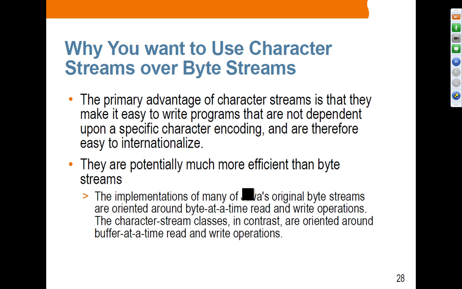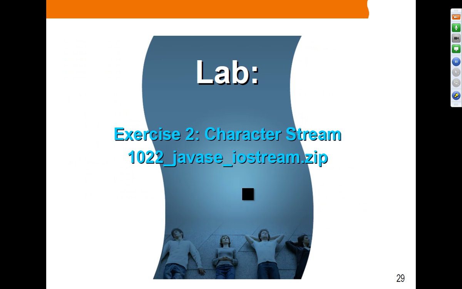Also, if you're using byte streams, you have to perform this character encoding and decoding yourself, and sometimes your implementation is not going to be that efficient. In fact, character stream implementations from the JDK are highly optimized. Okay, so it's strongly recommended that you use the provided character stream classes that come with the JDK. Okay, all right, so that is the point.